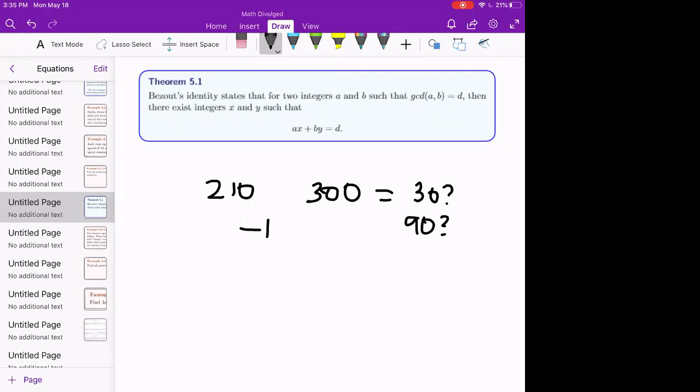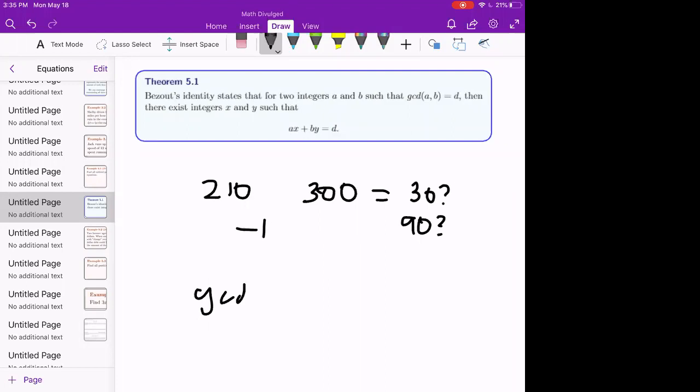So basically, using this principle, we get that the GCD of 210 and 300 is equal to 30. And in fact, there's a part of Bezout's that states that every number that you can form as a result of ax plus by has to be divisible by this d.